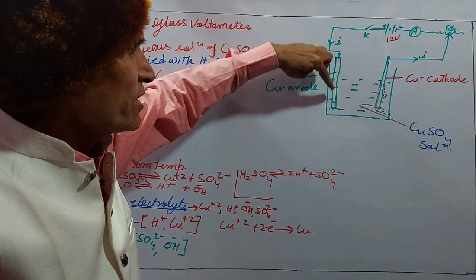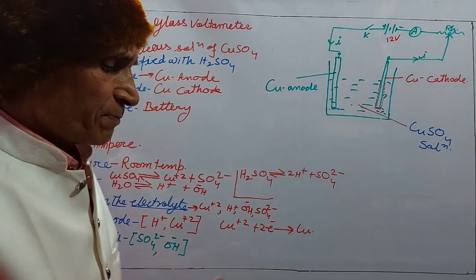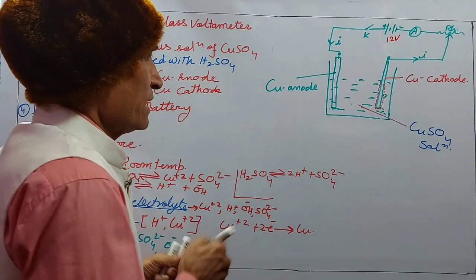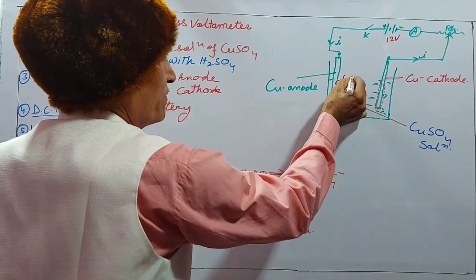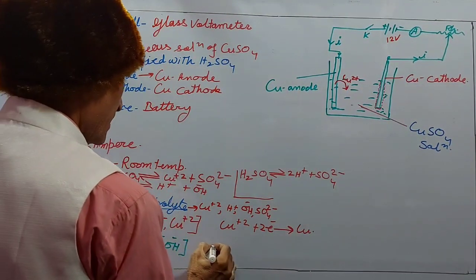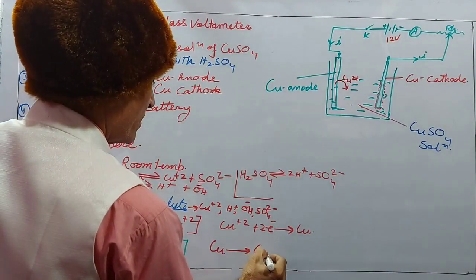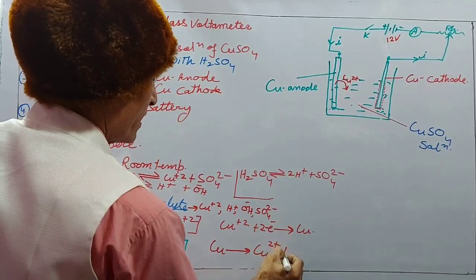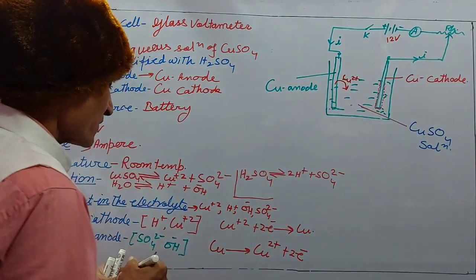Copper atoms from this anode lose electrons to form copper ions and pass into the solution. I am showing here how these copper ions are produced.